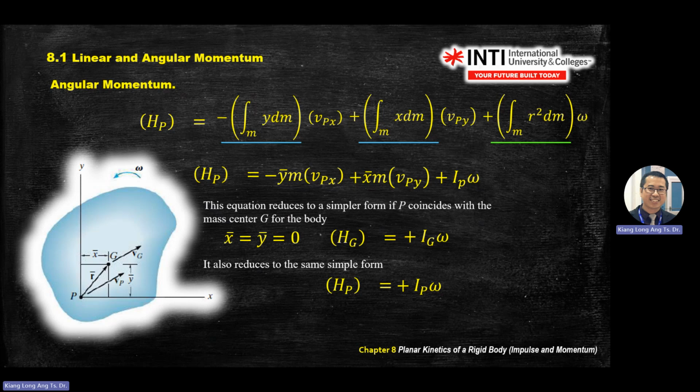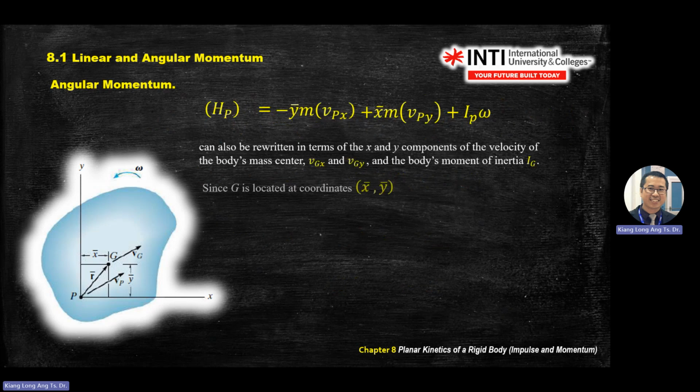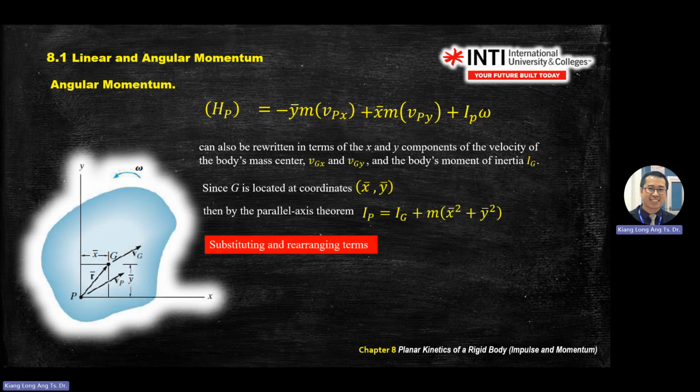So today our only equation is this one: angular momentum equals I omega. If it's at the center of gravity or center of mass, it will be I_G omega. This one, I_O equals I_G plus m d squared.